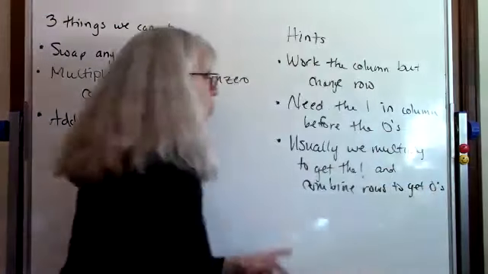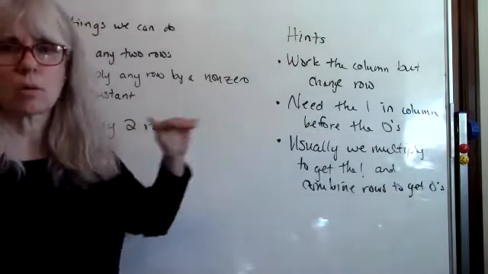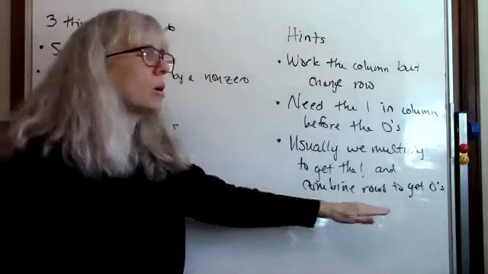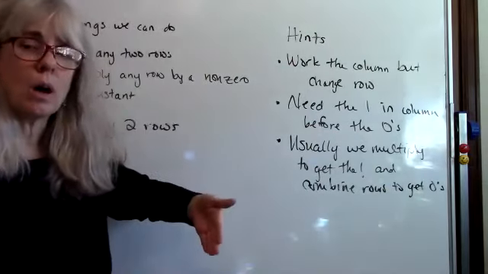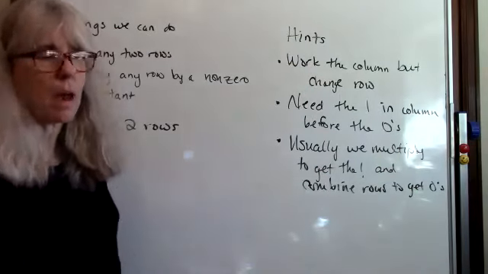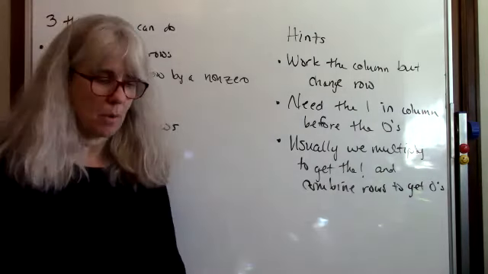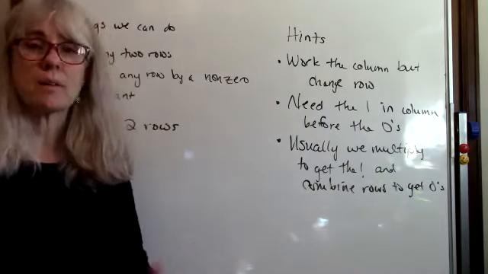So if I'm trying to get the 1 in the column, I will come in and actually do a multiplication on that entire row. If I'm trying to get the 0 in that column, I'm going to add rows together to get to the 0. So that's the elimination method coming back. So that's our groundwork. In the next recording, we'll come and actually learn how to pivot.